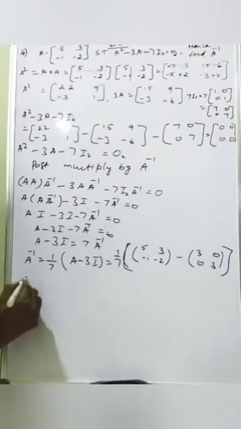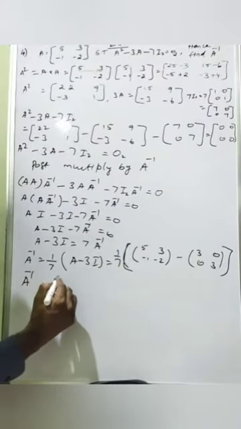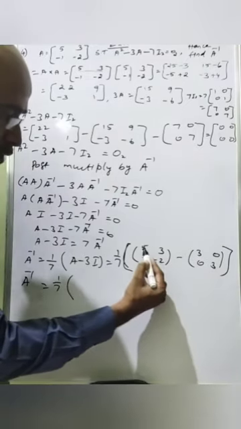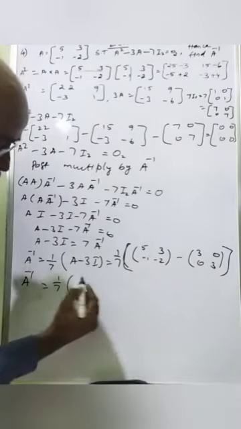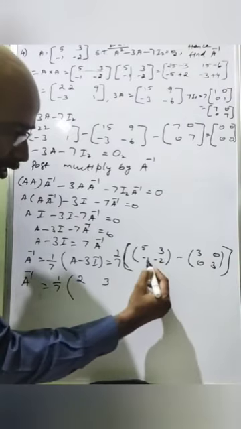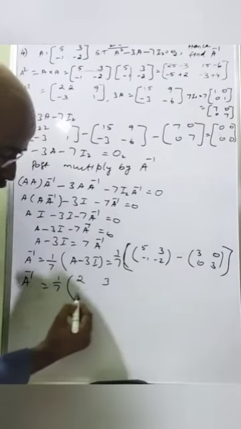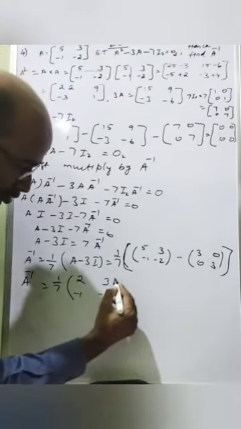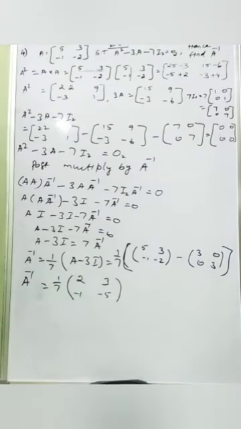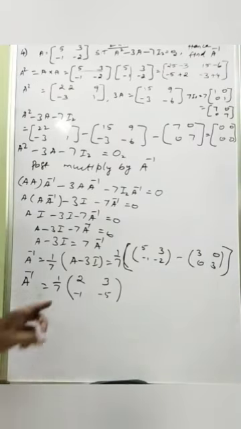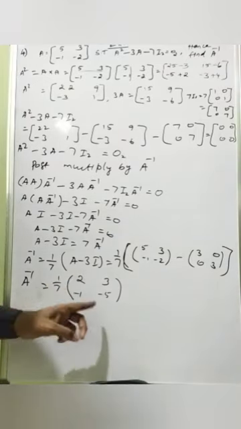So we get A inverse equal to 1 by 7 into, just subtract: 5 minus 3 is 2, 3 minus 0 is 3, minus 1 minus 0 is minus 1, minus 2 minus 3 is minus 5. It is the way we have to find A inverse. A inverse equal to 1 by 7, first row 2, 3, second row minus 1, minus 5.